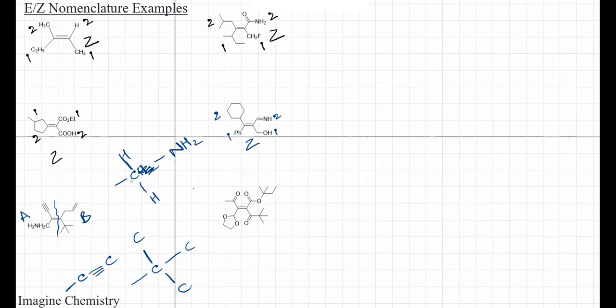So the first point of attachment for this part is carbon. Both cases same. But at the next point, in the alkyne part it has three carbons, whereas for this part there comes a nitrogen at the second point. So this will have the higher priority compared to the alkyne.